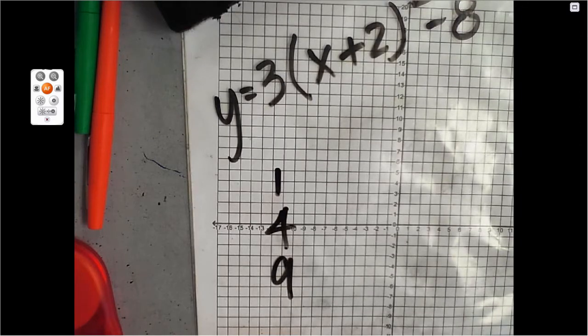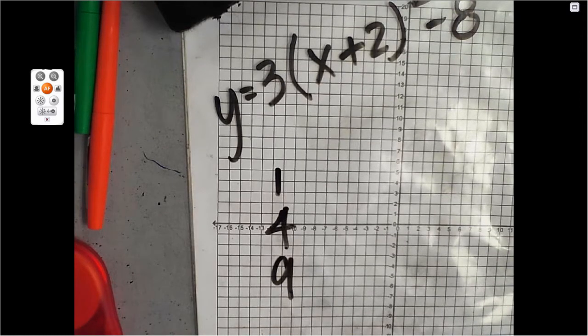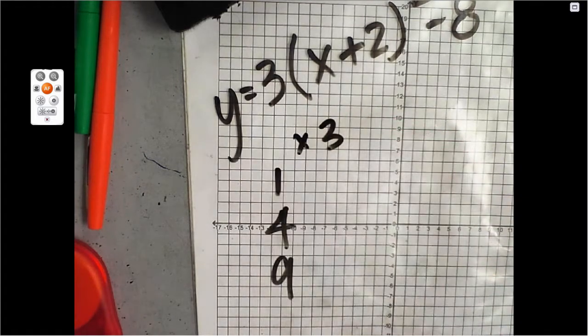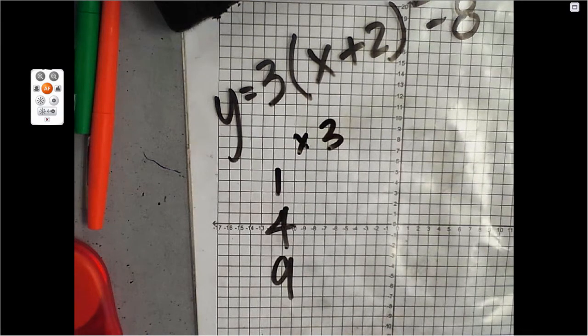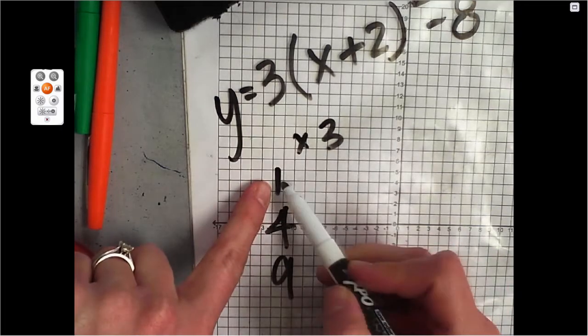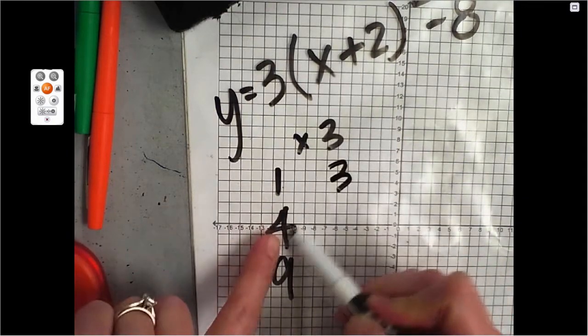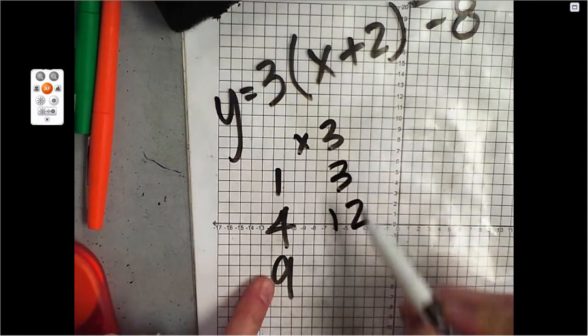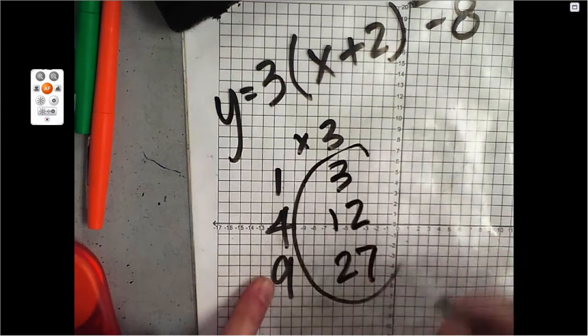Yes, good. You should be multiplying every single number by 3. So the step pattern here is 1 times 3 is 3, 4 times 3 is 12, 9 times 3 is 27. So the step pattern is 3, 12, 27.